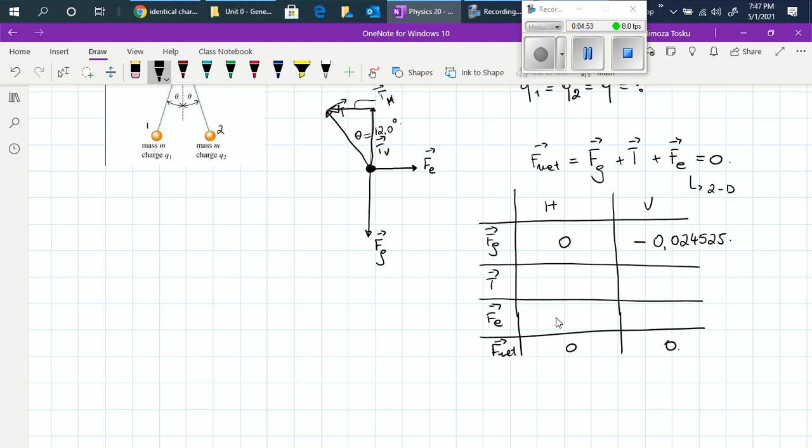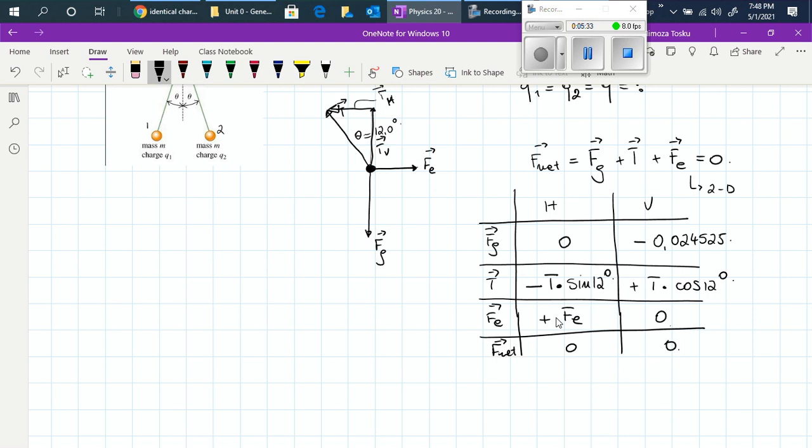Since the horizontal component is opposite to the given angle, it will be negative because it's going in the west direction: whatever the tension is, which we will find, times sine 12 degrees. The vertical component is positive T times cosine 12 degrees. The horizontal component of the electrostatic force is positive Fe, and the vertical component of it is equal to 0.